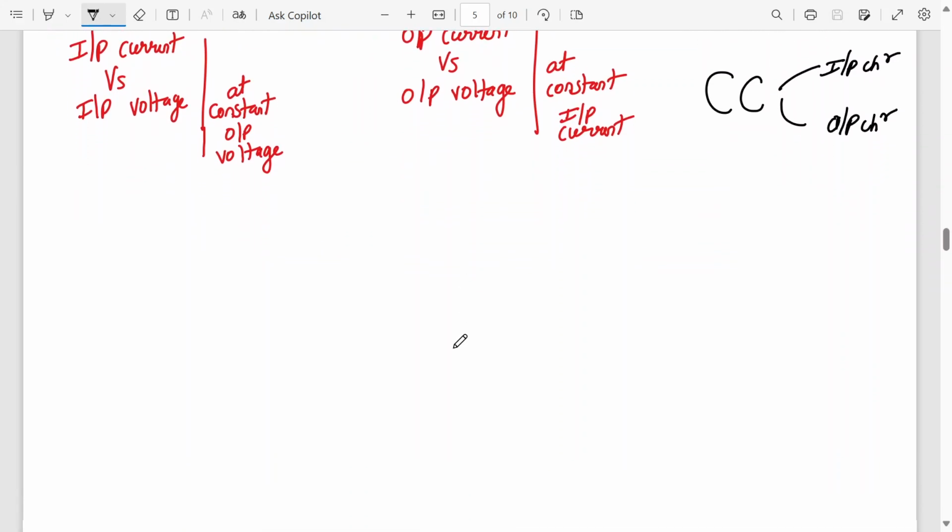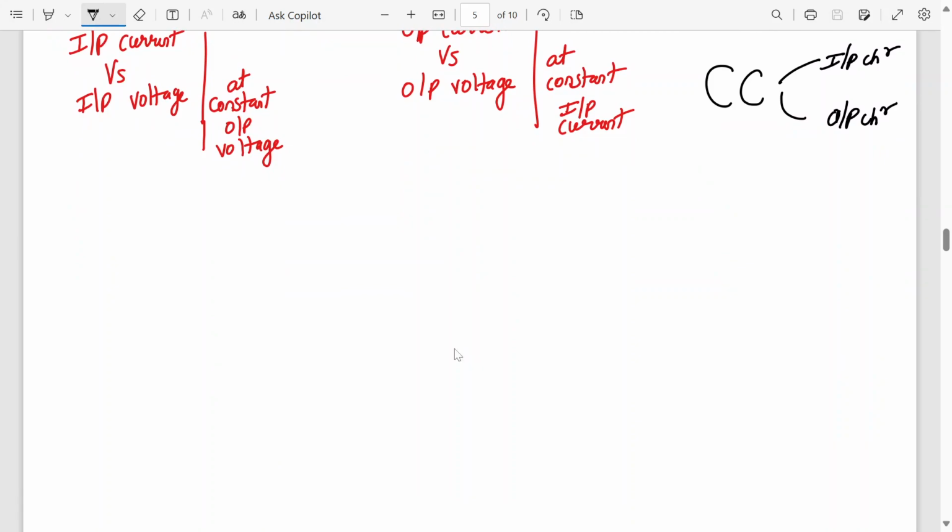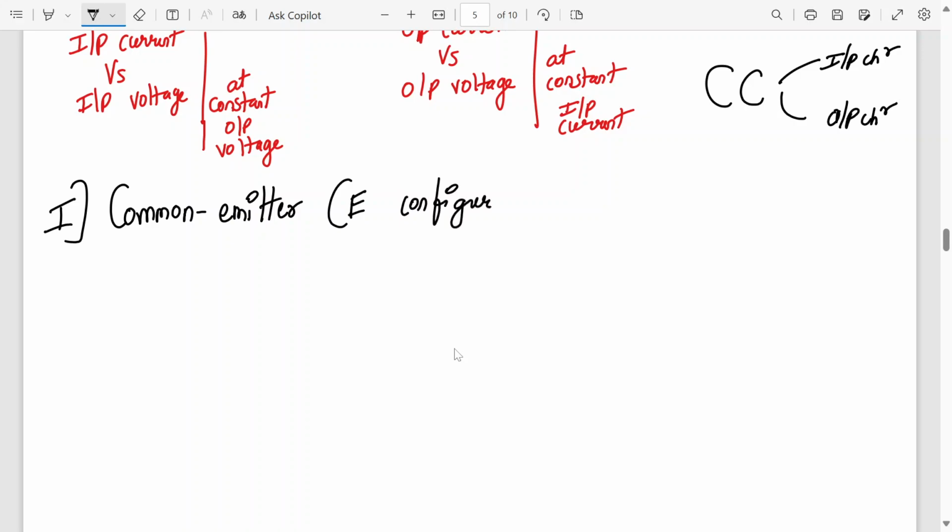Okay. Now I will teach you a practical circuit and a conceptual circuit. Let's start with the first one. First let me explain everything and then I'll draw the circuit diagram. Let me go for a conceptual one. Common emitter configuration. So write down common emitter configuration.